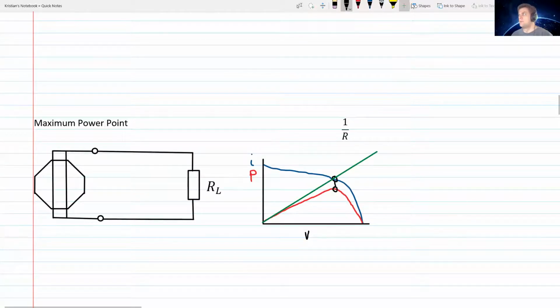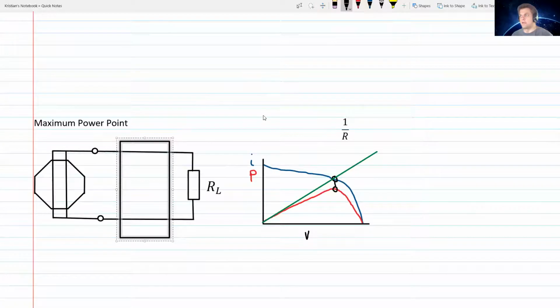One way to overcome this is to introduce a circuit between our photovoltaic cell and the load. This circuit is some sort of converter that maintains the voltage across the photovoltaic cell at the peak power and then the voltage across the load at its required voltage.